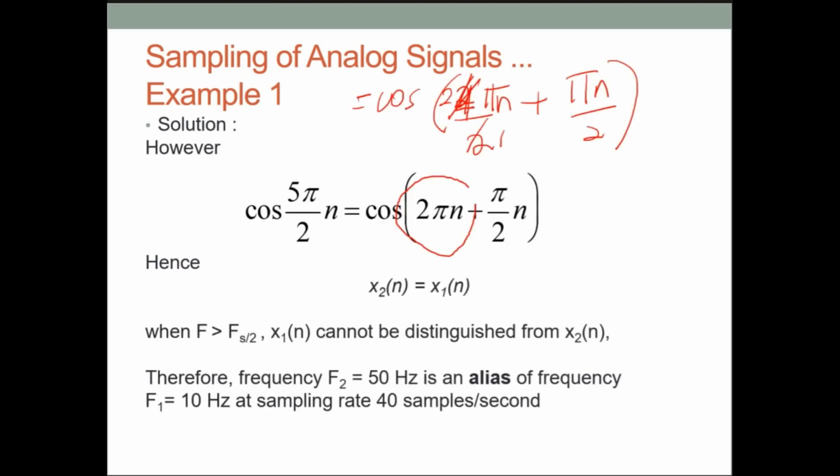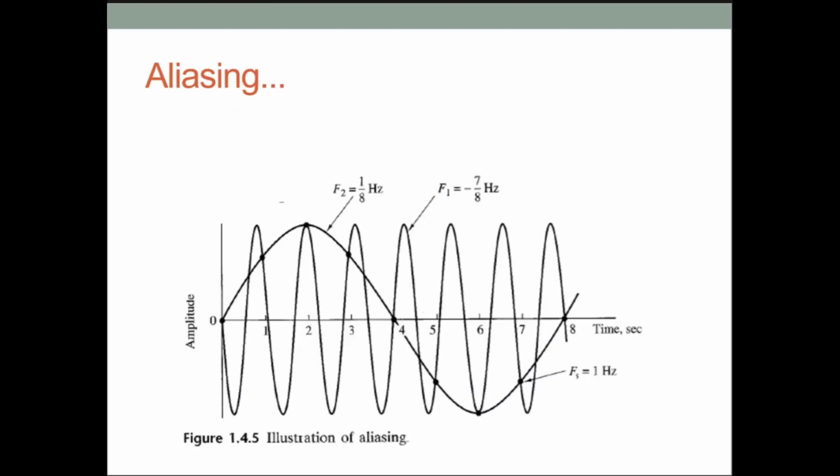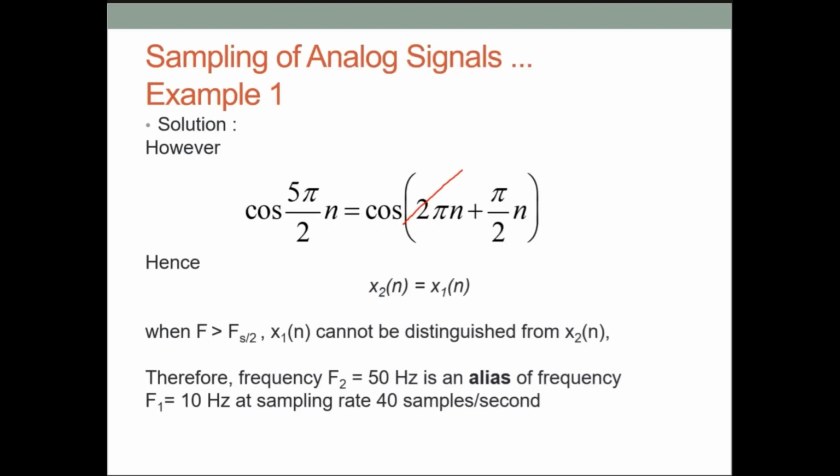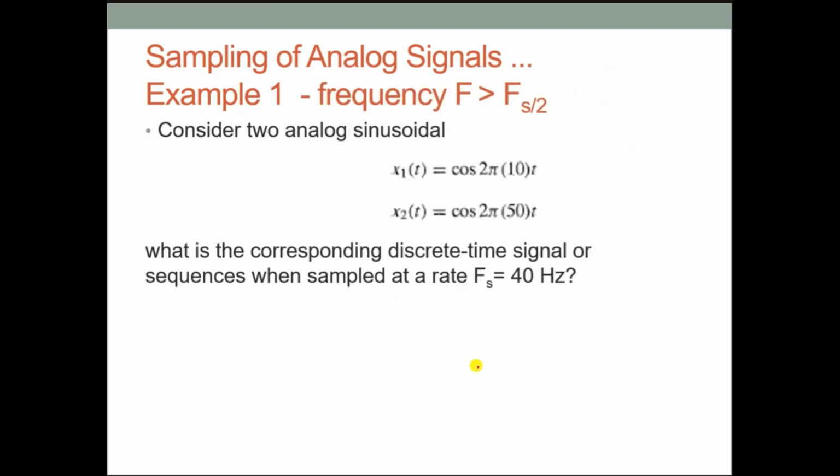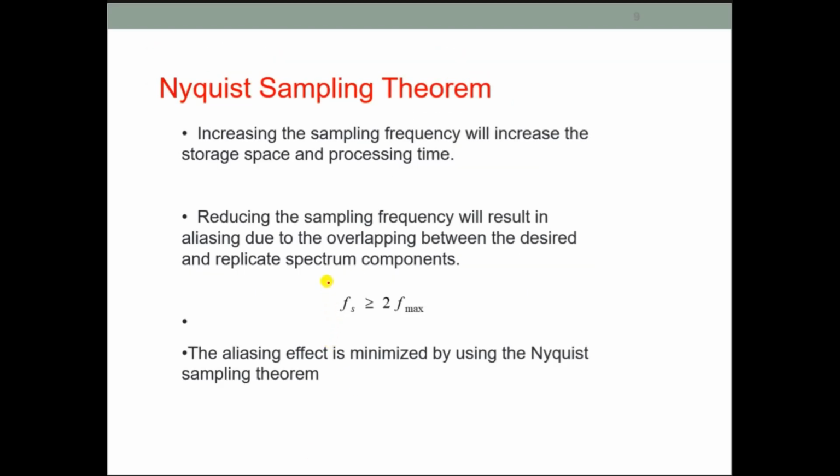So let's go back to the Nyquist sampling theorem. The Nyquist theorem wants you to sample at 2 f max.